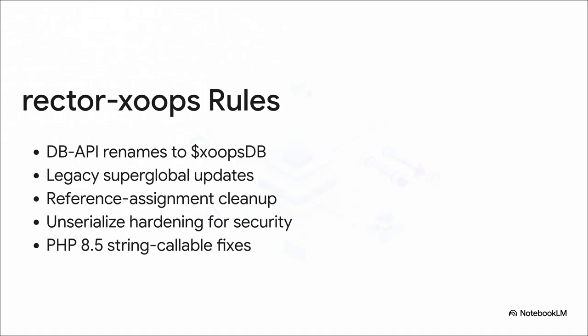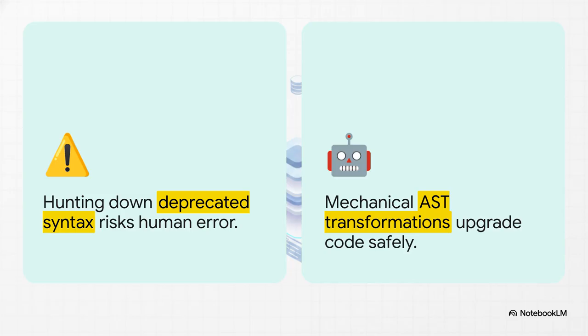It automatically handles DB API renames, so switching those old mysql_ calls over to the modern $xoopsDB, it updates legacy superglobals, cleans up messy reference assignments, hardens unserialize calls for better security, and it even tackles the PHP 8.5 string callable fixes. Think about the alternative here.